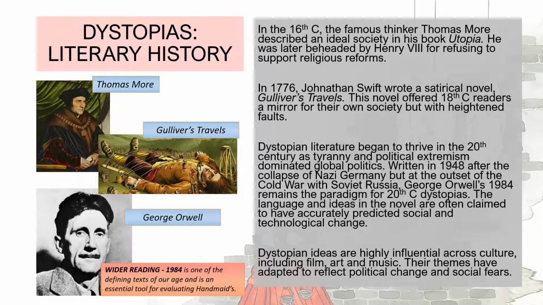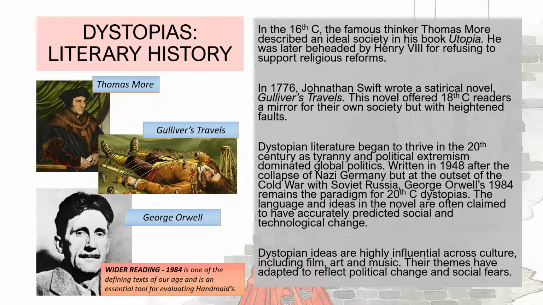He saw this as a kind of ideological exploration in thinking about how we could make life perfect for everyone. Later we'll see that Atwood considers this a rather dangerous thing to do. More was later beheaded by Henry VIII. He didn't support Henry VIII's religious reforms or his marriage, and he had his head chopped off. So much for all of that imagining a perfect society.